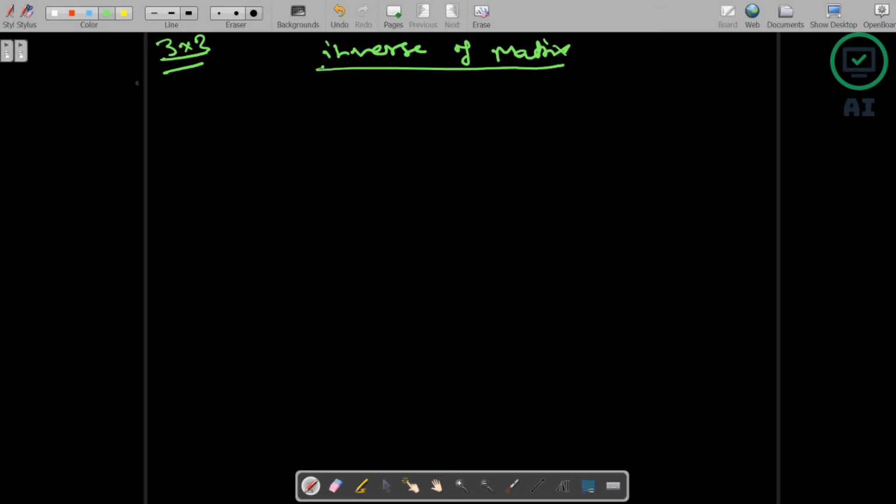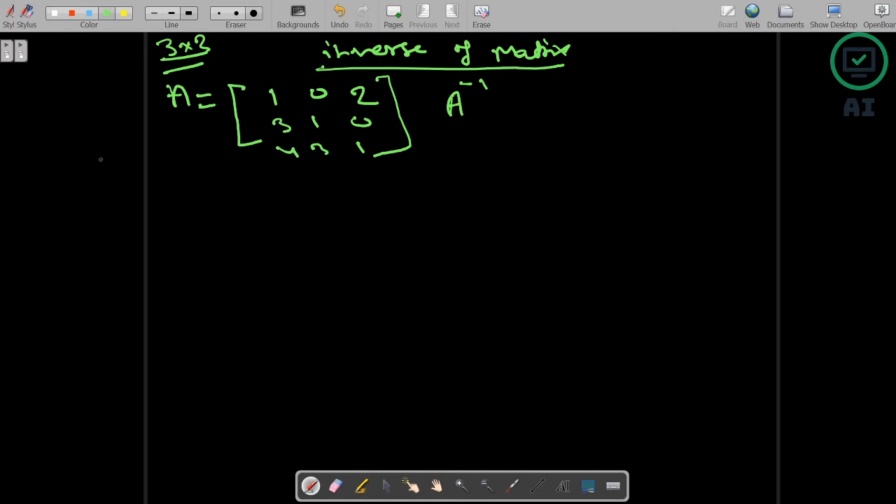We have matrix A, which is nothing but 1, 0, 2, 3, 1, 0, 4, 3, 1, and we have to find out A inverse.